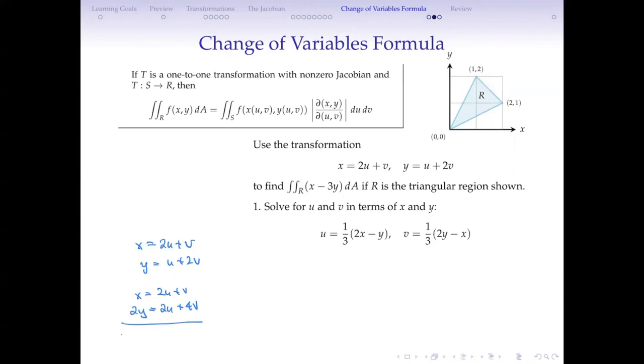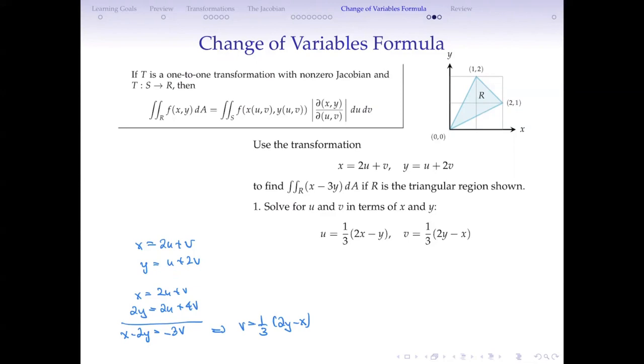If I subtract, I get x minus 2y equals minus 3v. I can solve that equation to get v is equal to 1/3 times (2y minus x). You can do a similar manipulation to get the other formula, that u is 1/3 times (2x minus y).